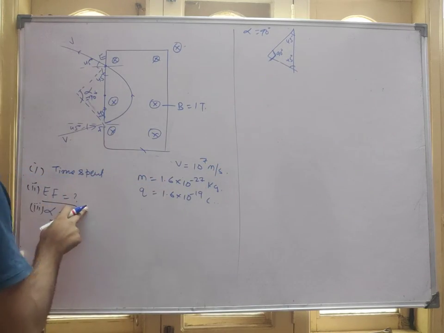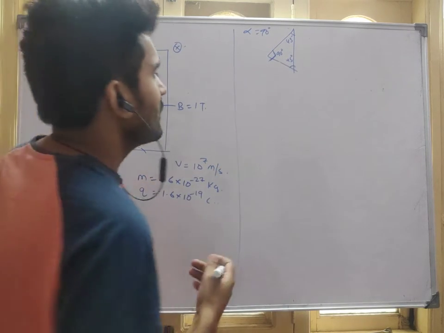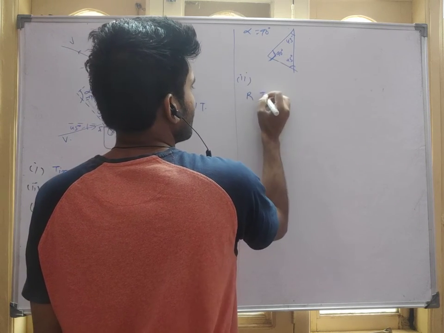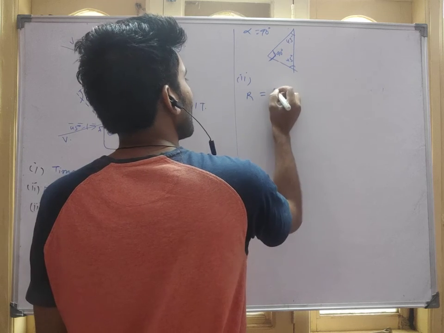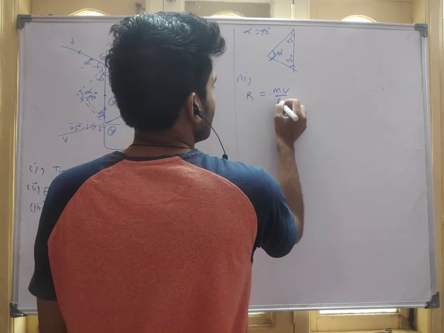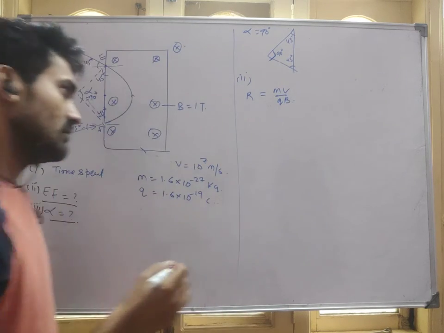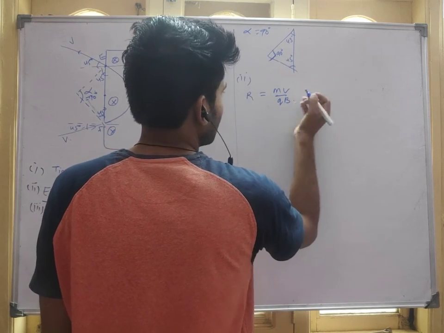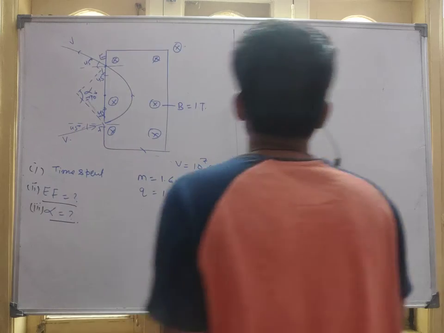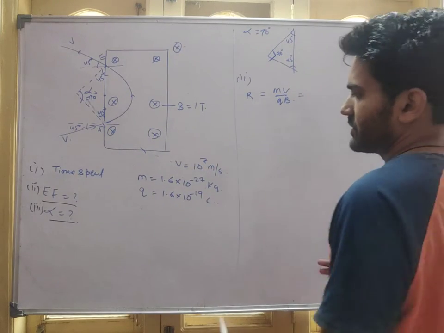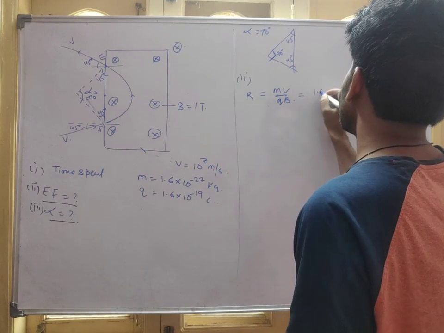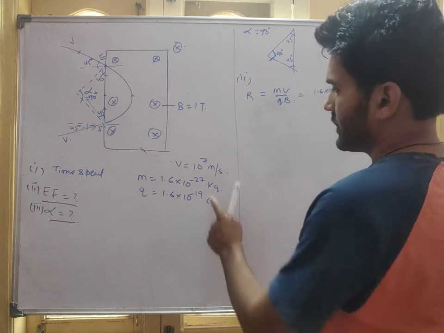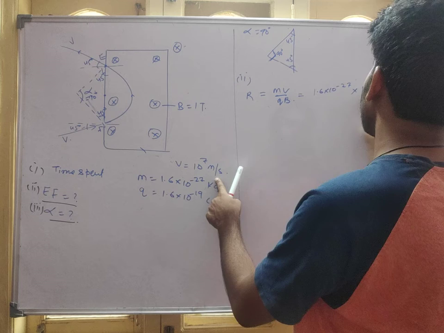Second, we will find EF. To find the EF, we have to find out the radius, right? So how will we find the radius? That is mv by qB, yes or no, guys? So what is mv? Tell me, what is mass? 1.6 into 10 raised to power minus 27. What is v? 10 raised to power 7.